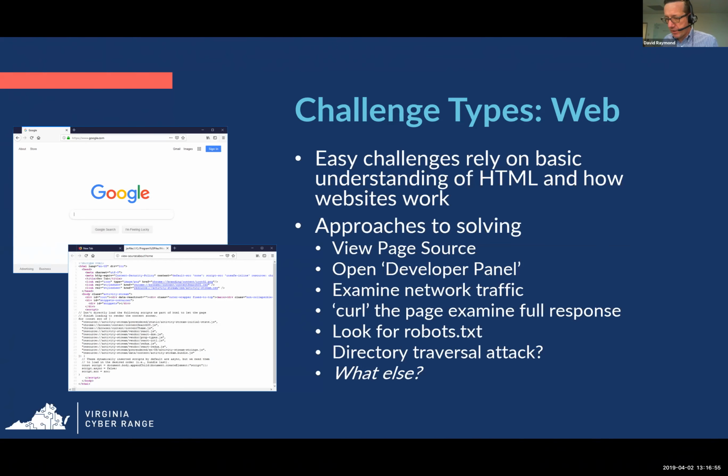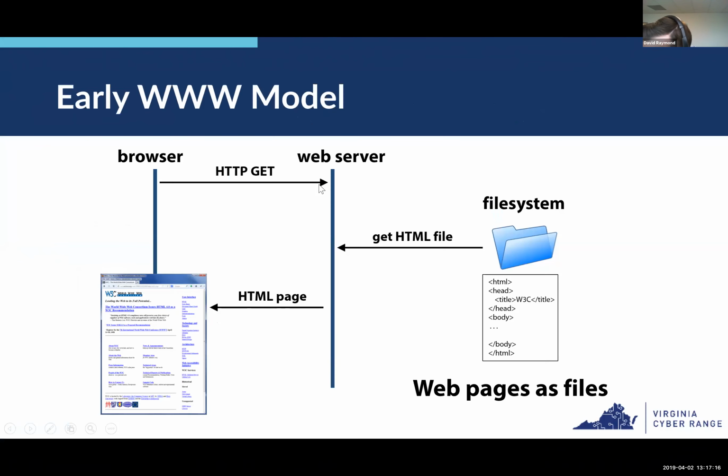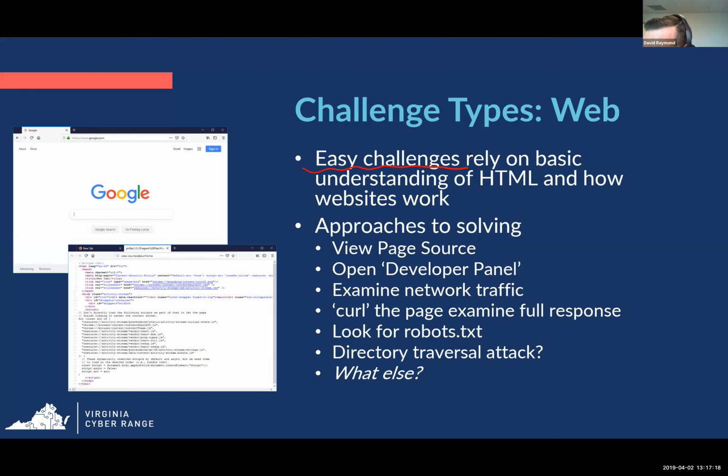All right, so there are of course different difficulty levels in any category of CTF challenges. So today we're going to drill in on some of the easier web challenges that you might see. And in general, for the easier challenges, so for the low point value challenges, you're generally going to rely on your basic understanding of HTML and how websites work.